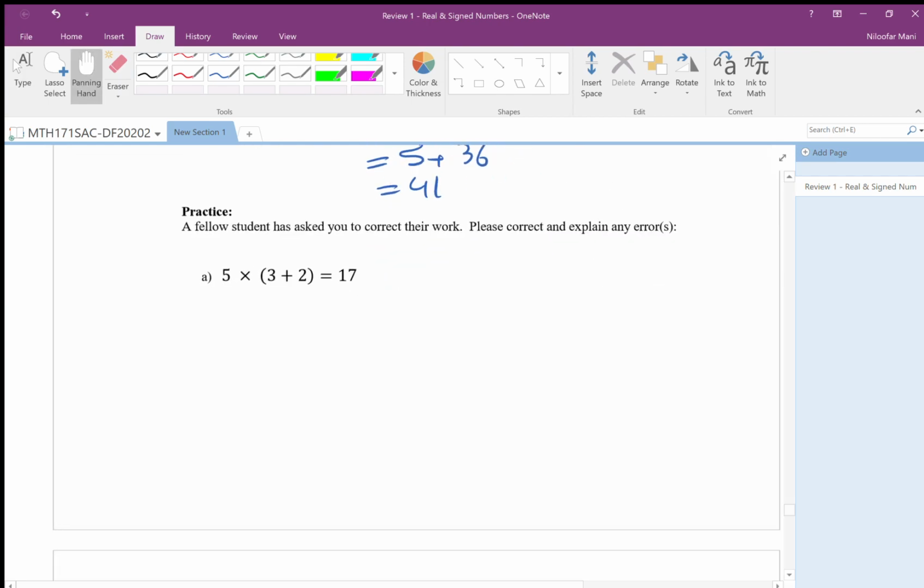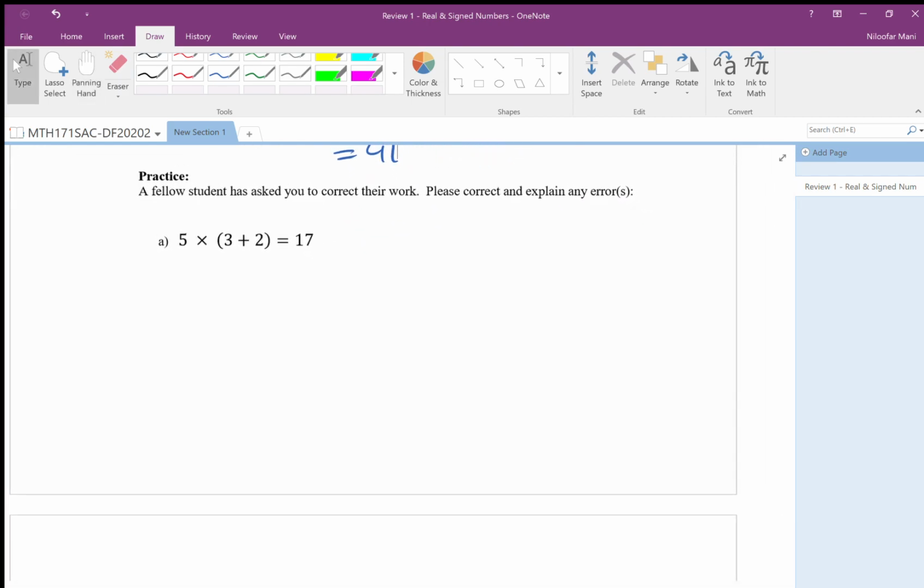So practice. In my class, I always match a student with a fellow student. After test number 1, I ask if students would like to work as volunteers to help each other, and then I give them a bonus mark. If someone is good in math, they can help their classmates. Right now, which is online, we really can't do that unless you really know each other and can work with each other online, which is not really possible.